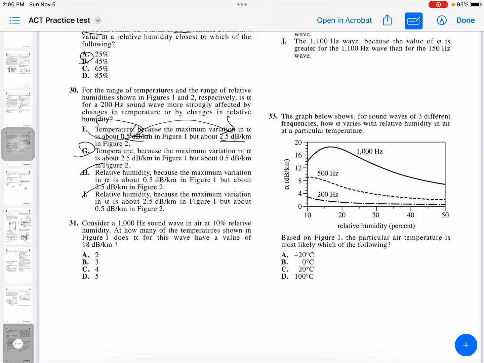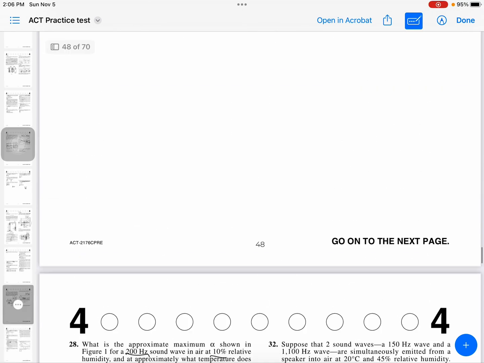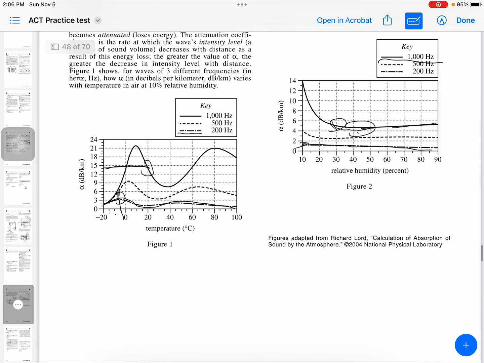Consider a 1000 Hertz sound wave at 10% relative humidity. At how many of the temperatures shown in figure 1 does alpha for this wave have a value of 18 decibels per kilometer? 1000 Hertz, 18 decibels per kilometer. We're here, which puts us at like 5 and 15-ish.